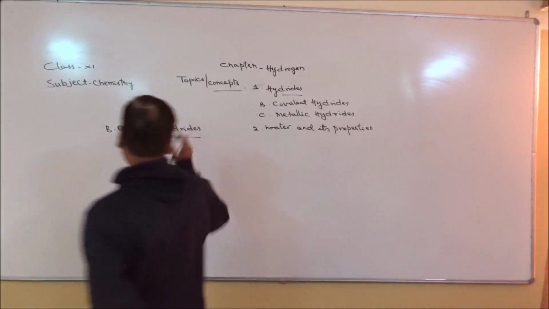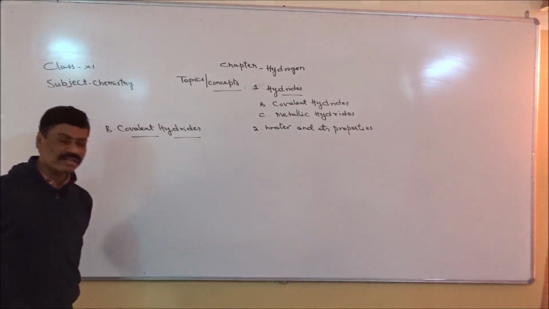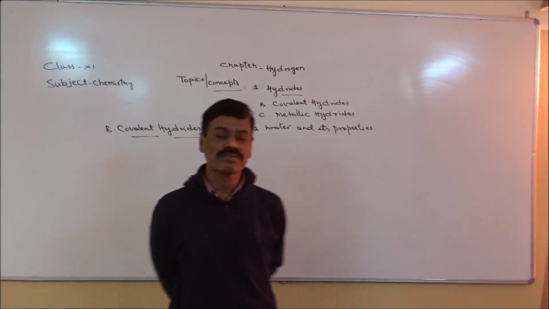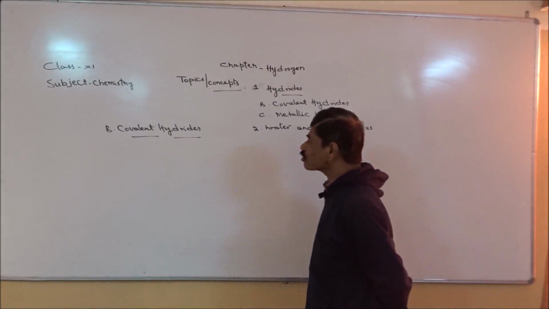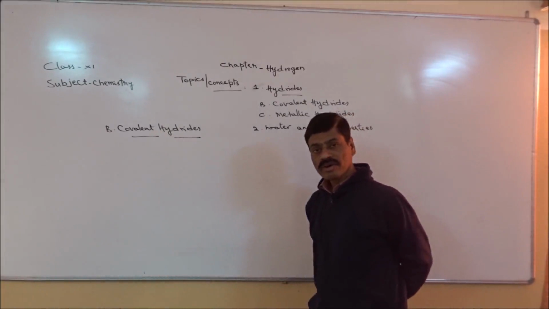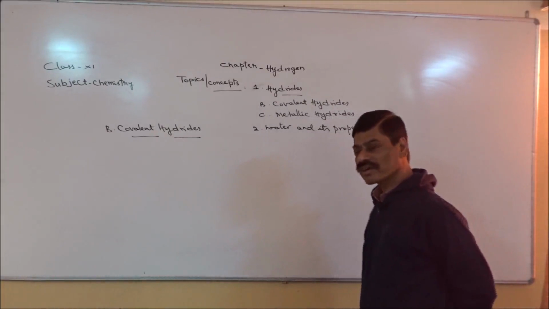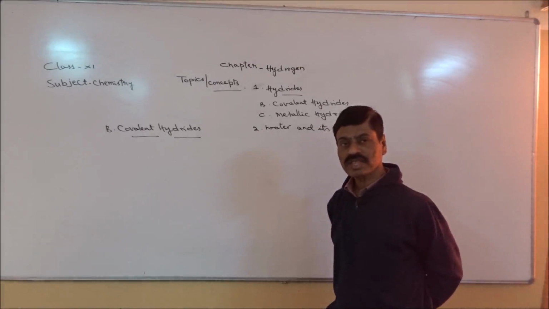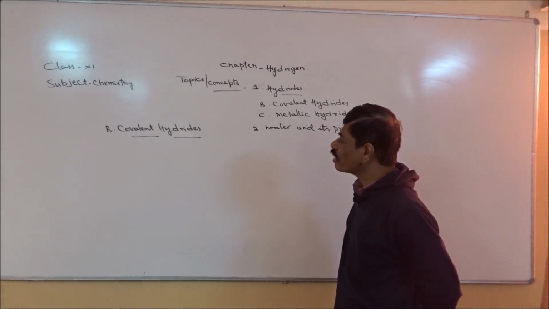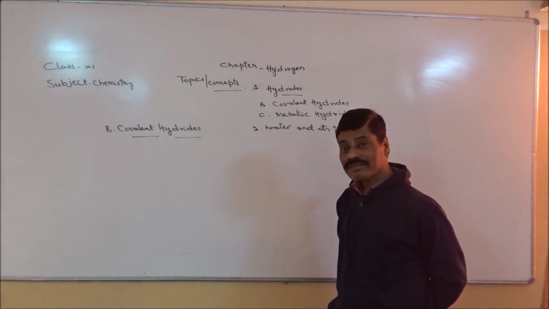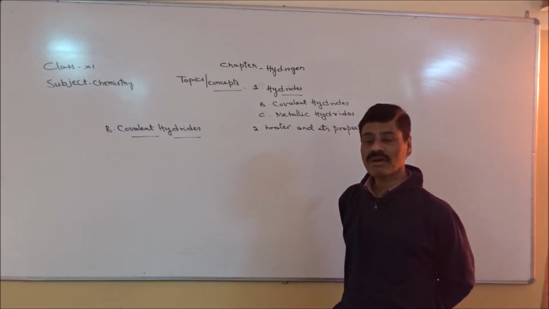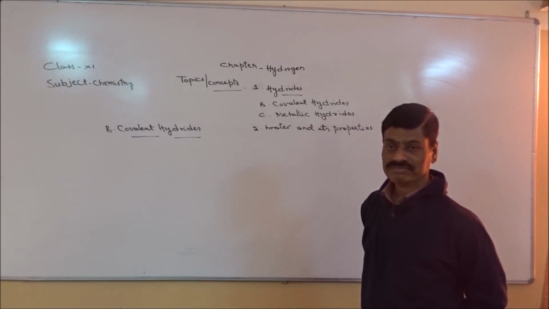Fine. And in these covalent hydrides, we have varieties, means different types. Whether these covalent hydrides have required number of electrons for the formation of bonds or not. 1 point. Number 2. Whether these covalent hydrides have deficiency of electrons in their molecular levels.